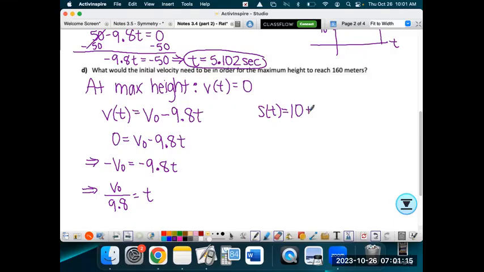So I'm going to leave that as a v sub 0 minus 4.9 t squared. I know that I want my time to be the ratio of the initial velocity and the gravitational pull, because that's generally how long it takes me to get to that maximum height. And I know that I want the maximum height to be 160.